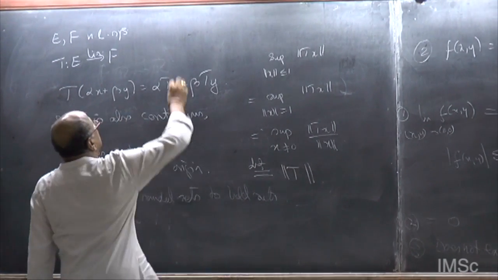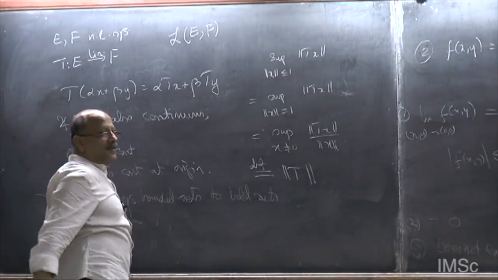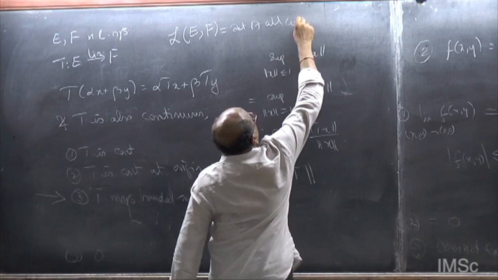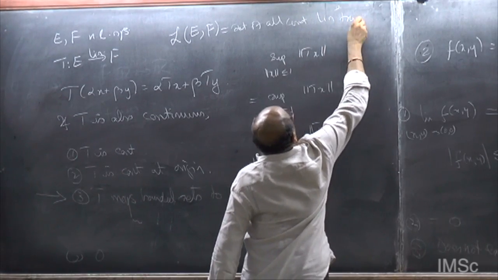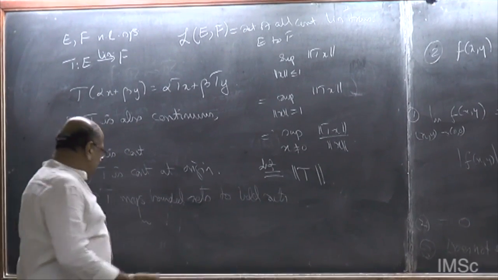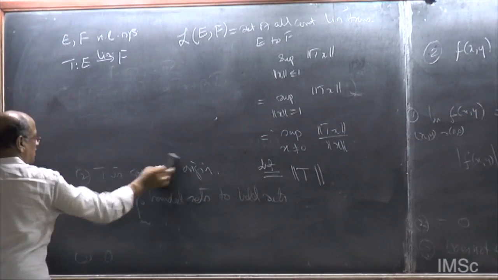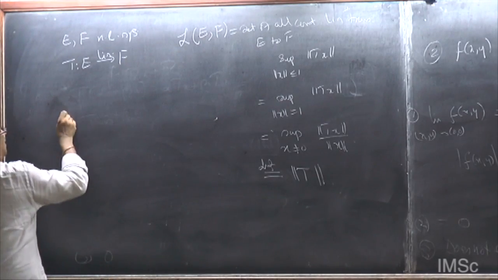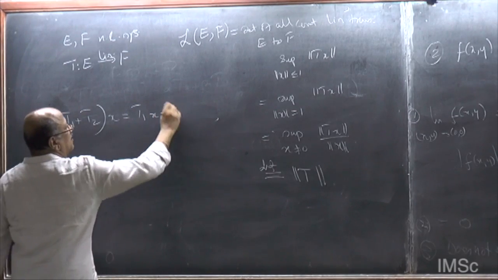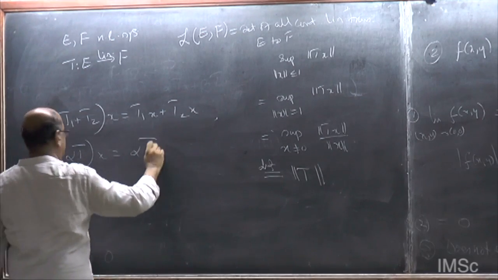Then you take the set of all continuous linear transformations from E to F, that is again a vector space, because I can define addition: T1 plus T2 of x is T1x plus T2x, and alpha T of x is alpha times T of x.